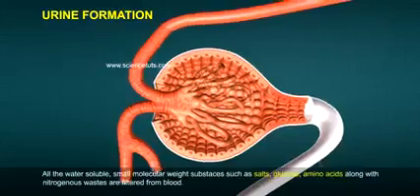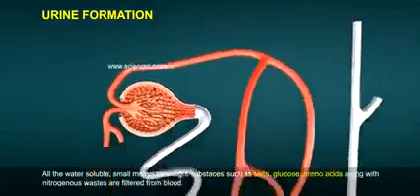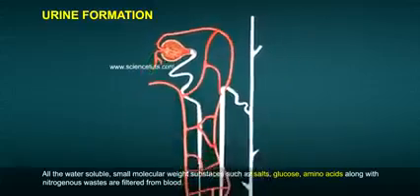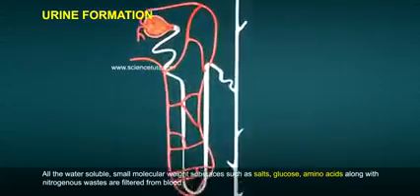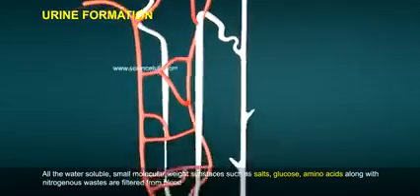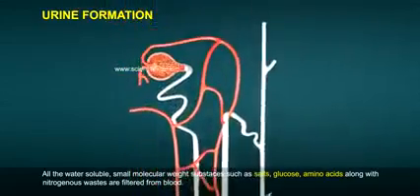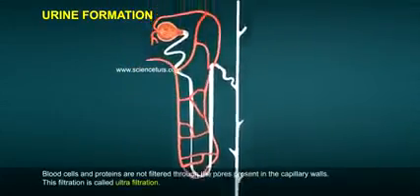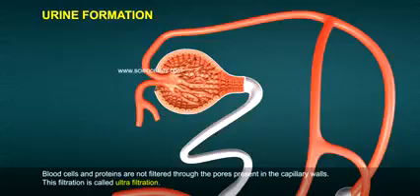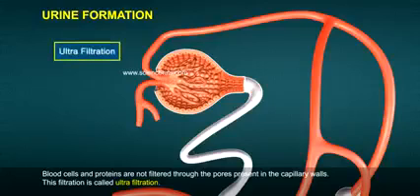All the water-soluble, small molecular weight substances such as salts, glucose, amino acids, along with nitrogenous wastes, are filtered from blood. Blood cells and proteins are not filtered through the pores present in the capillary walls. This filtration is called ultrafiltration.